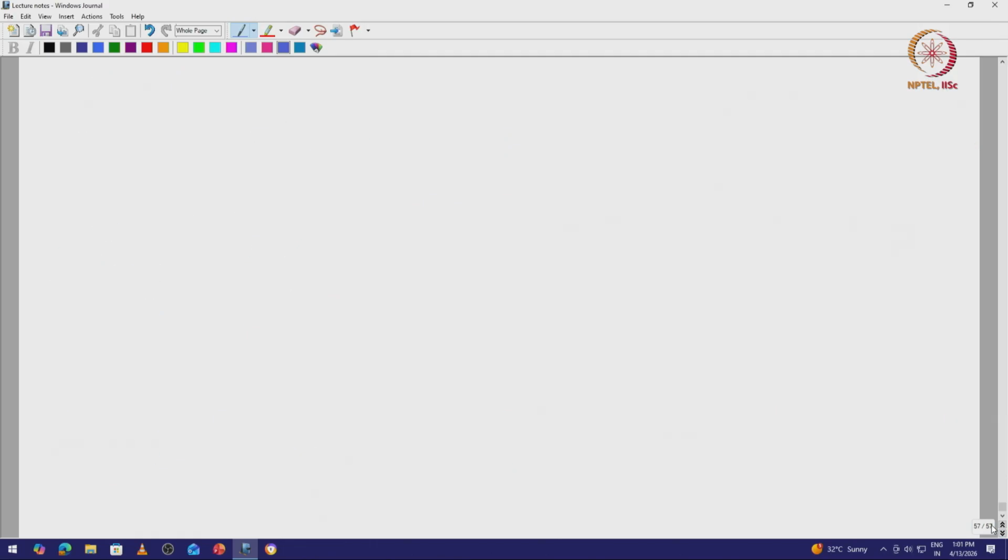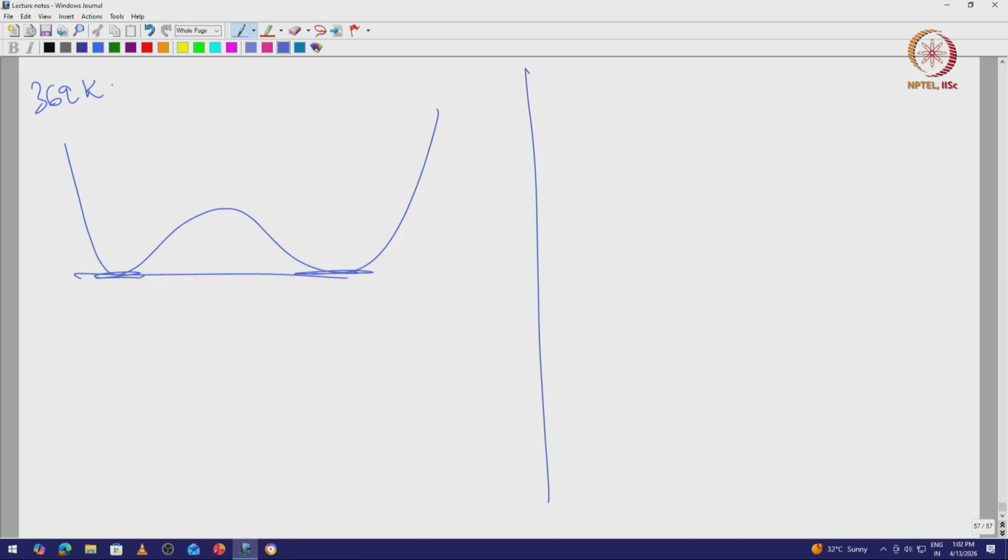Okay. Now, what does it mean that at 369 Kelvin I have a phase transition? That means at 369 Kelvin the stability, or so the absolute values of G naught of mono and G naught of rhombo are the same. Do not get me wrong, both of them have stability, right, but both of them are equally so.